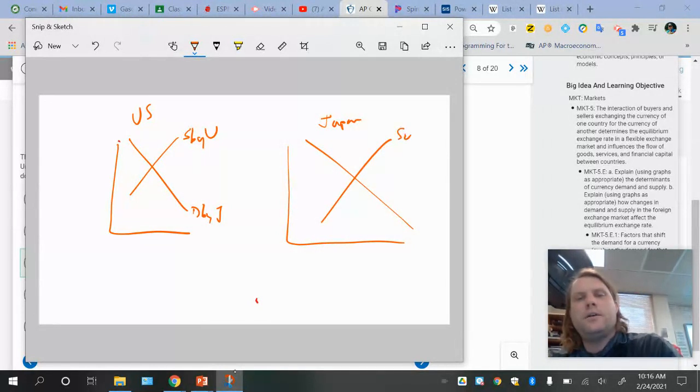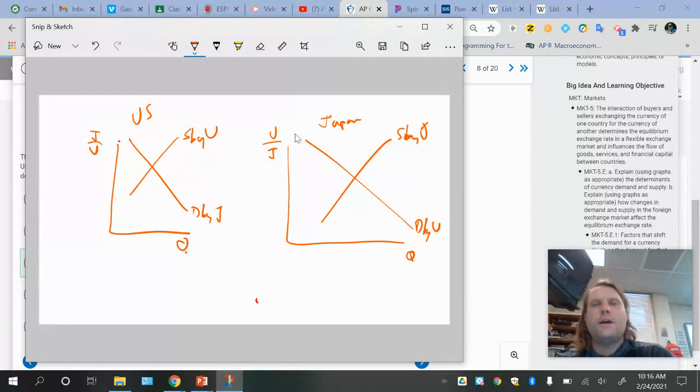We've got supply by Japan, demand by US. We've got the value over here, the yen over the US currency, and the US over the yen currency quantity. Okay, so I've got my graphs drawn out.